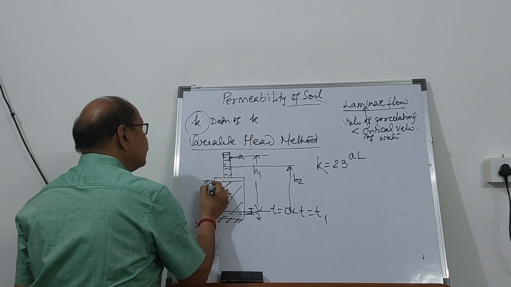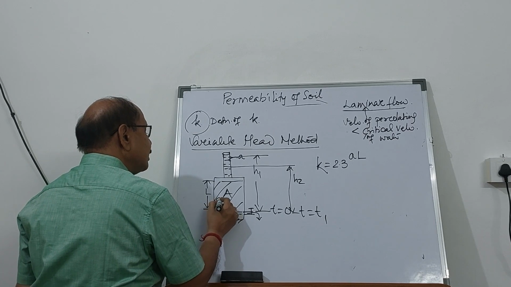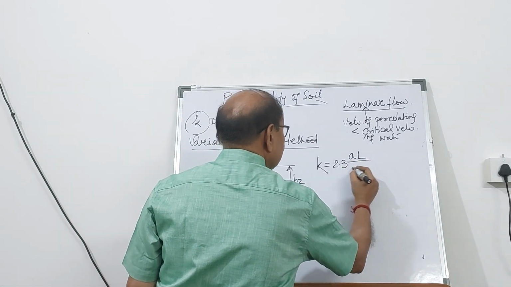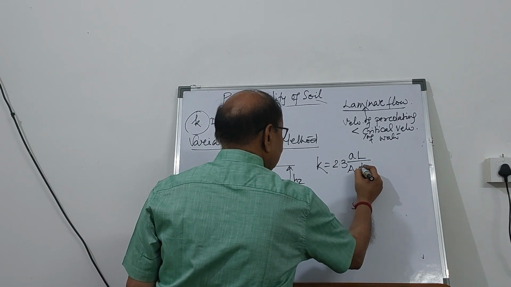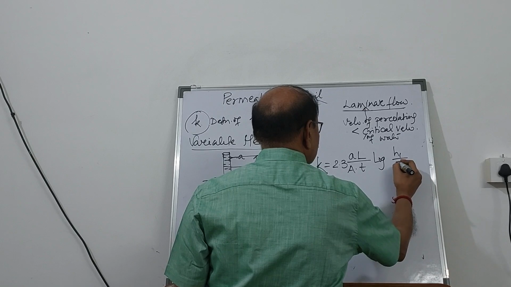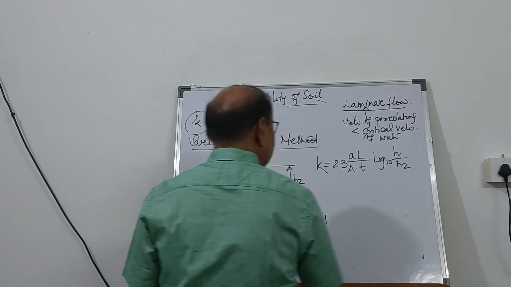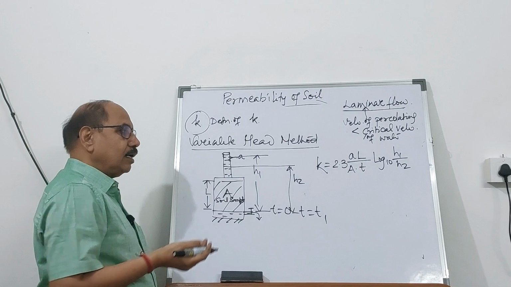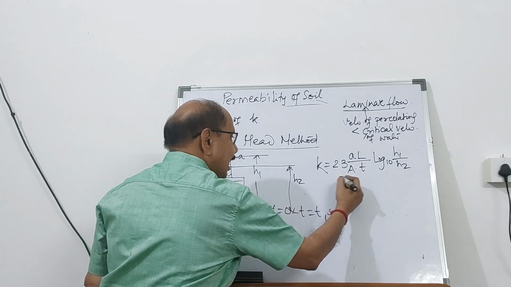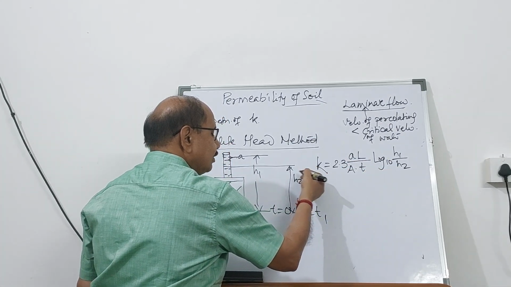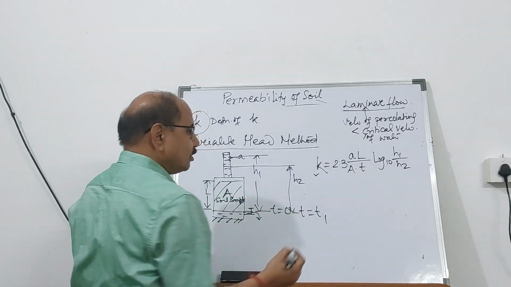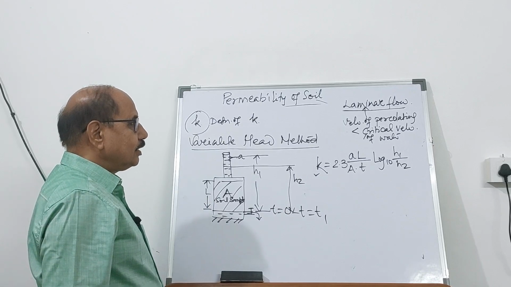So, this is the soil sample, the length of the soil sample, aL divided by the cross-sectional area of the sample into time interval into log of h1 upon h2 to the base 10. This is the famous formula using which you can find out the coefficient of permeability. On the right hand side, you know everything. You have in the laboratory, you have already recorded, and therefore the coefficient of permeability can be easily found out.